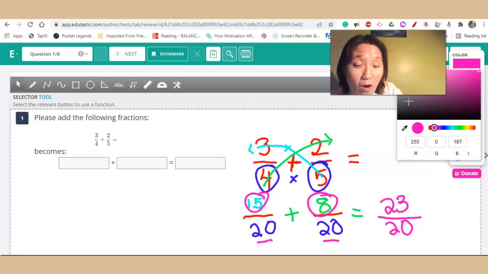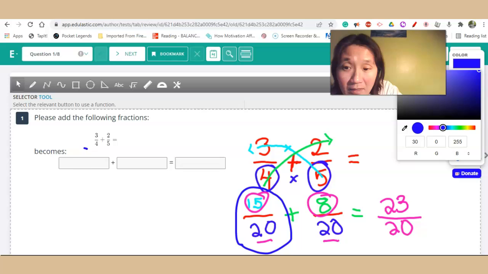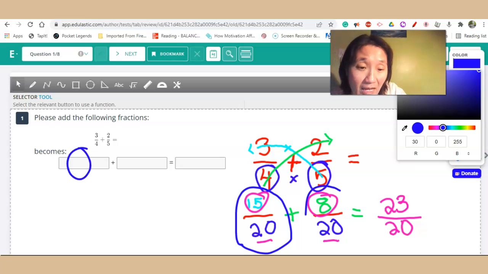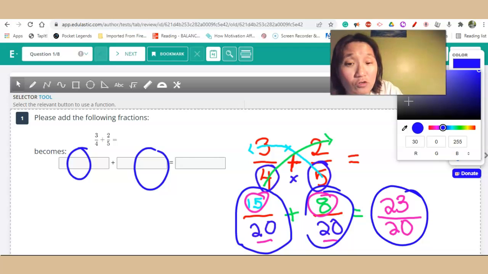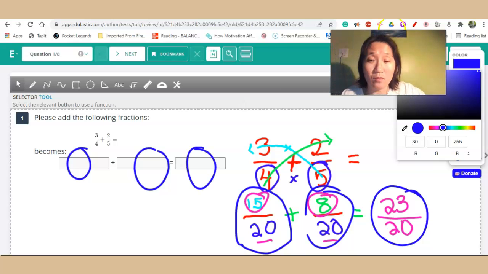Okay, so now you have to come over here and put these equations in here. So I have to put the 15/20 here, and I have to put the 8/20 here, and the 23/20ths here. Okay, so I'm going to go ahead and do that really quickly.